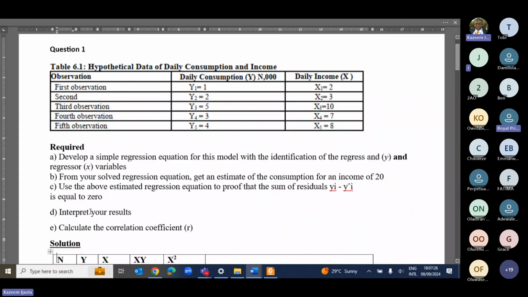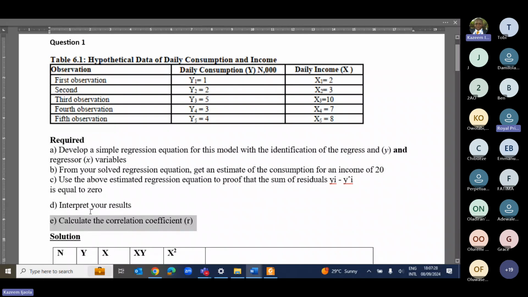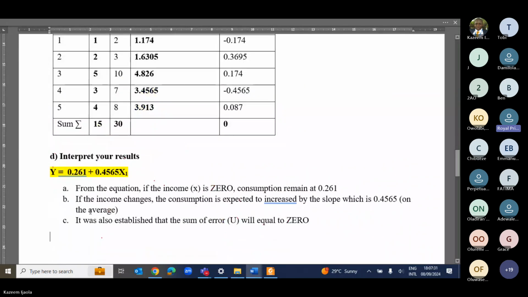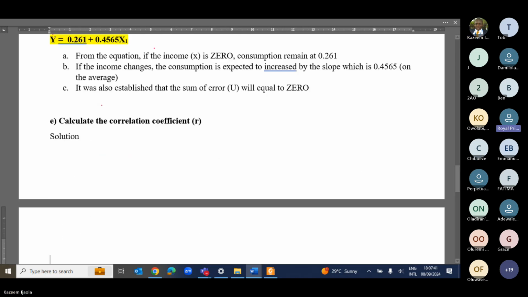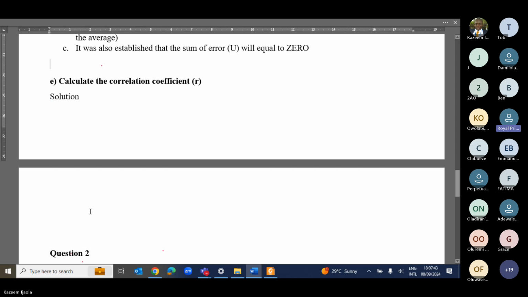I want to appeal to Chibueze. The language you use when you are explaining is a high-level language. Please come down to our level. The only thing I grabbed in your explanation was a unit increase in income. I didn't understand everything you were saying.